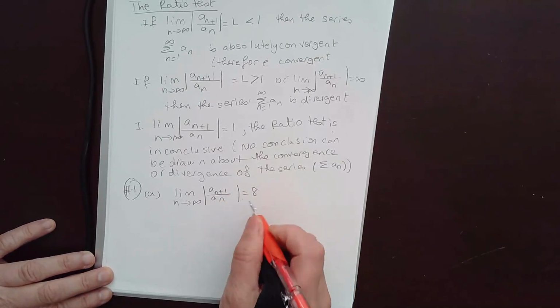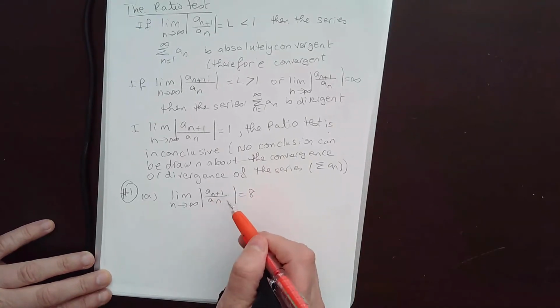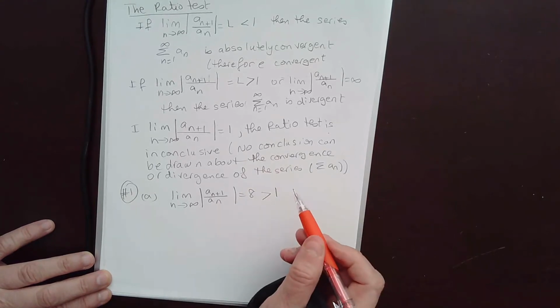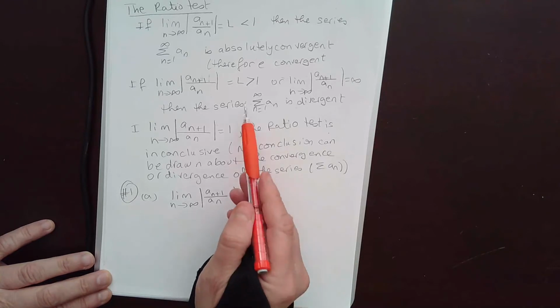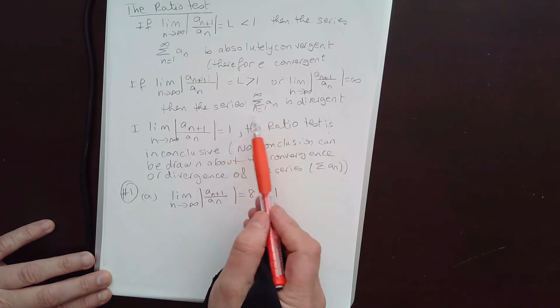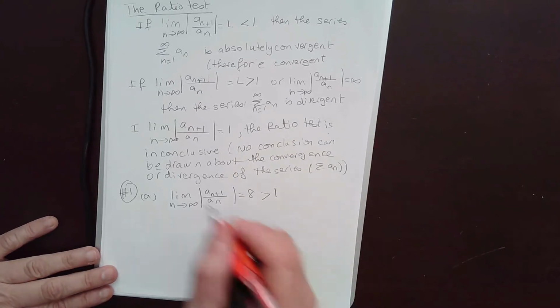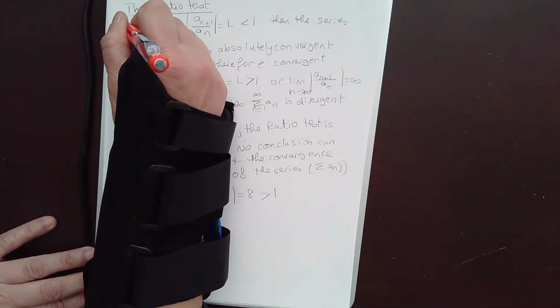So notice here the limit equals 8. That's greater than 1, isn't it? So what does that mean? When you have a limit greater than 1, then the series is divergent. So this is, by the way, part A.